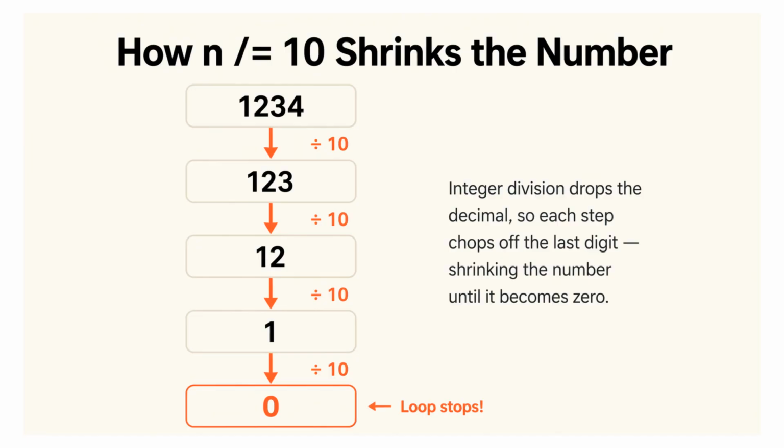Watch this chain. 1234 becomes 123. 123 becomes 12. 12 becomes 1, and 1 becomes 0. And that 0 at the end, that's our signal. That's what tells the while loop, hey, we're done. There are no more digits left to process. So the loop stops and we get our final answer. Pretty clever, right? Division does the cleanup work while modulus does the digit grabbing.